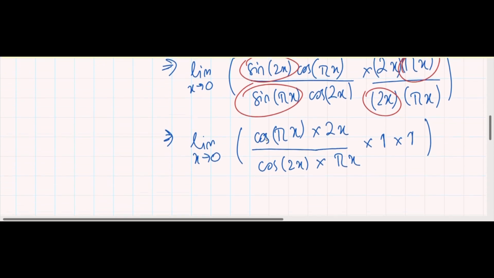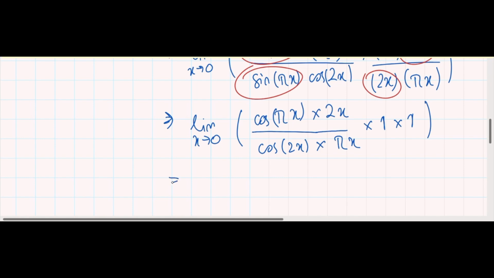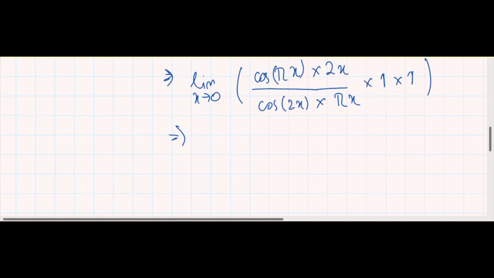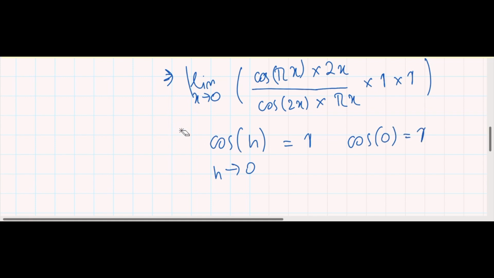The video is already 9 minutes long, so I shouldn't. But cos h, where h approaches 0, is equal to 1. Cos 0 equals 1, simply put. This is something you should know already if you're solving limits.